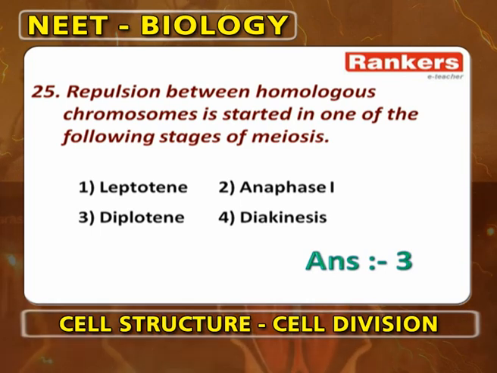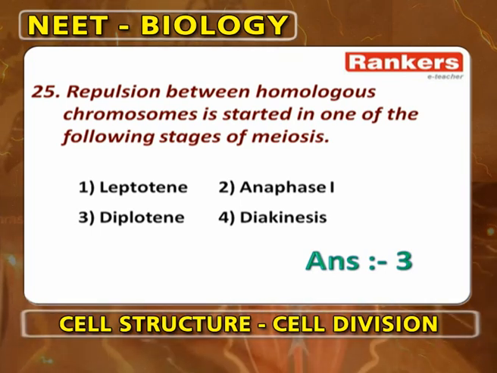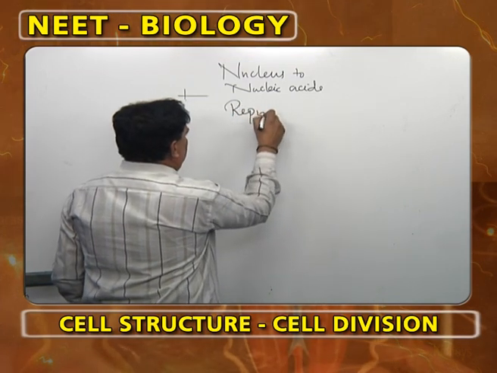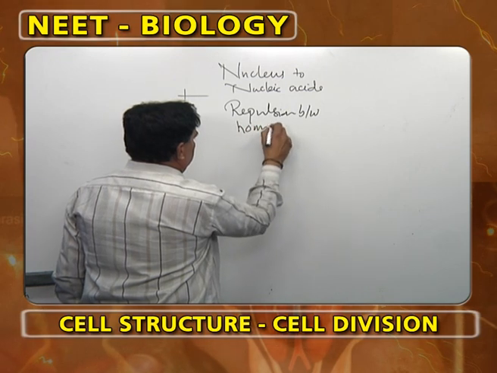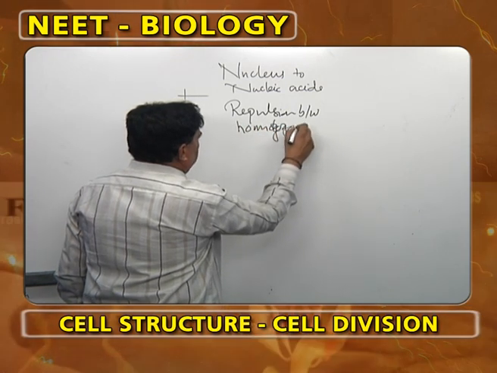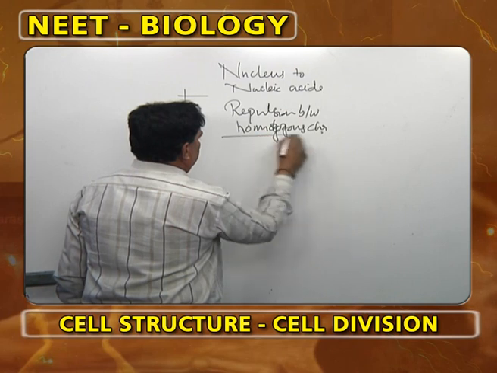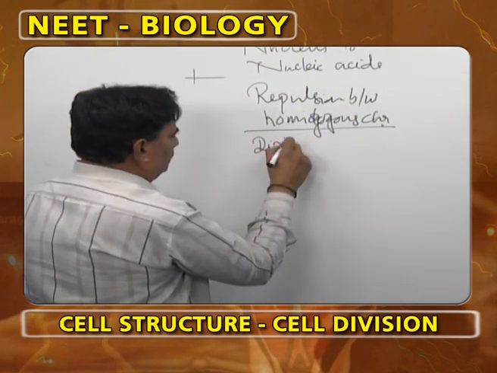Repulsion between homologous chromosomes is started in which of the following stages of meiosis? Repulsion between homologous chromosomes always occurs in diplotene. Why?